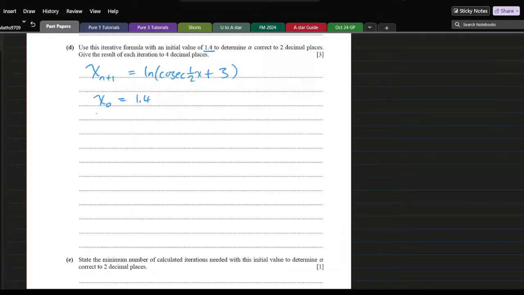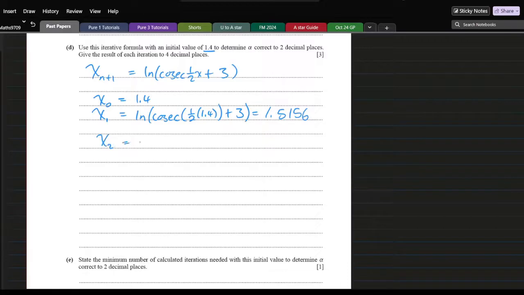Now let's carry out the first iteration. x1 is ln cosec half times 1.4 plus 3. Let's punch this into the calculator. That's ln. Remember, cosec is 1 over sine, and this is half times 1.4 plus 3, and this gives us 1.5156 correct to 4 decimal places.